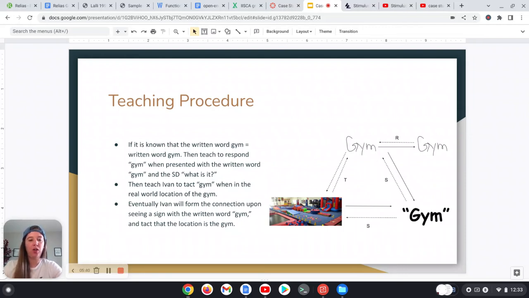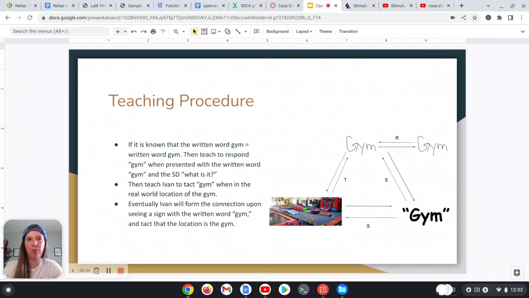So eventually, Ivan would then hopefully form the connection upon seeing a sign maybe of the written word gym, and then tact that location is gym. Now that was not taught. So that'd be transitivity over here. We taught him that the written word gym equals gym, and then the real world location of the gym equals gym.